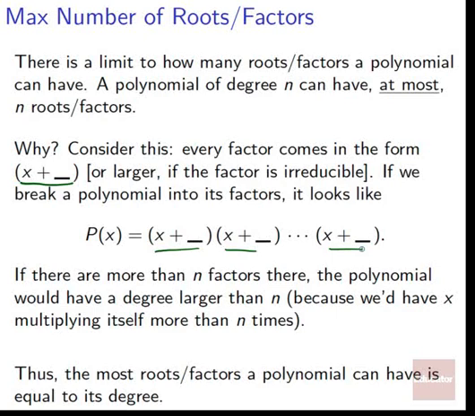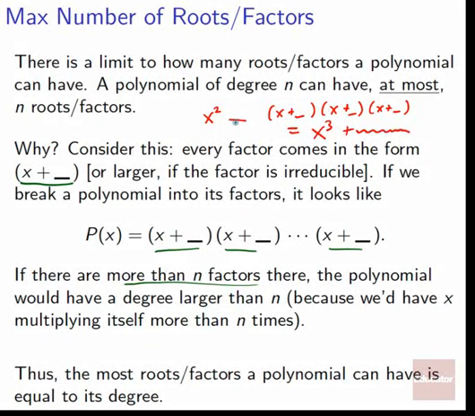Now, if we had more than n factors, then that would mean we've got x plus blank multiplying by itself more than n times. So if we have x multiplying more than n times, it's got to have a degree larger than n, right? Its exponent is going to have to be greater than that. If we wanted to max out at x squared, but we had x plus blank times x plus blank times x plus blank, well, that's going to become x cubed plus stuff after it, which is not going to be degree 2.